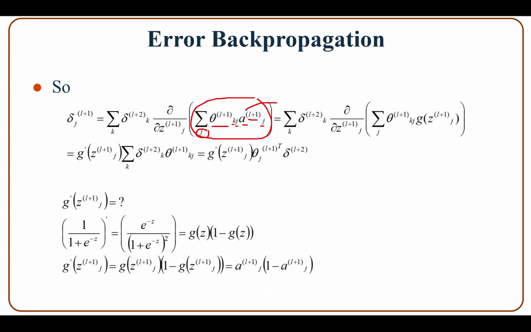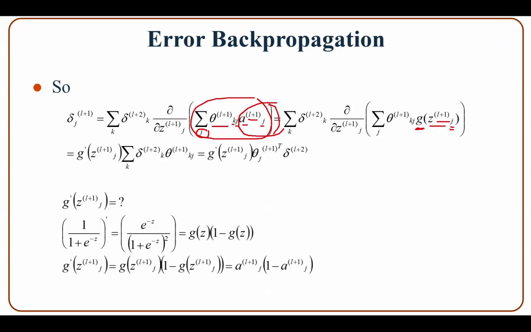And the output a at layer L plus 1 node j is actually a nonlinear function g of z at layer L plus 1 node j, right?